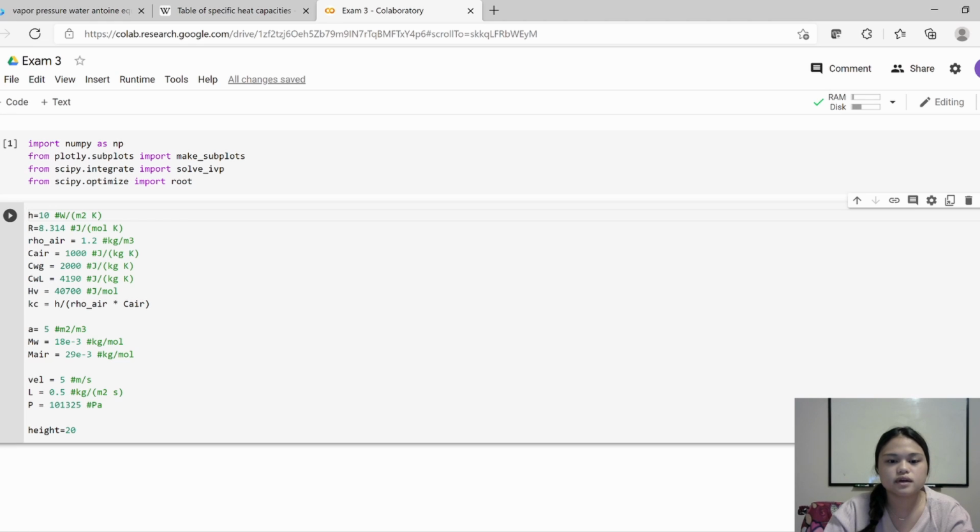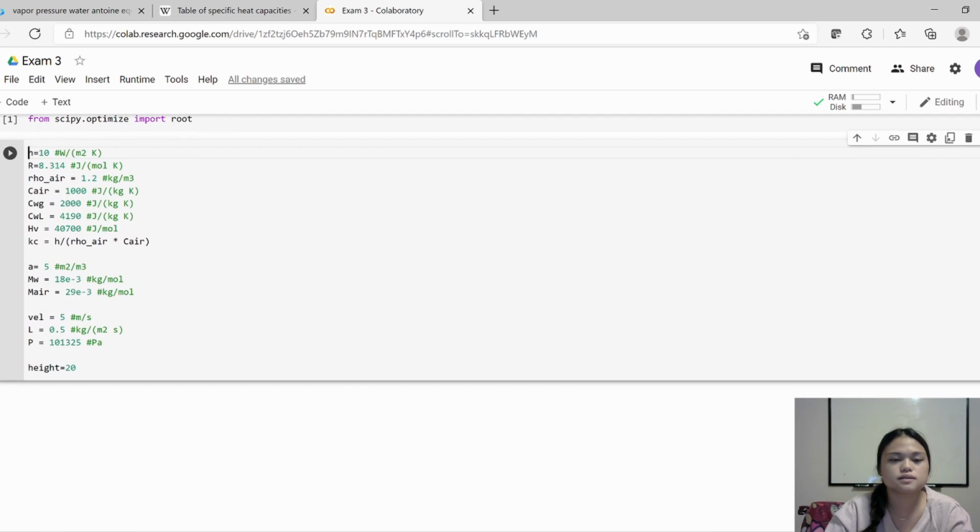And then what we have here is the enthalpy of vaporization. And then this just comes from that Lewis relation that we described in part A of the exam, which is just that Lewis relation between the H over Kc and the rho Cp, and you just rearrange it.